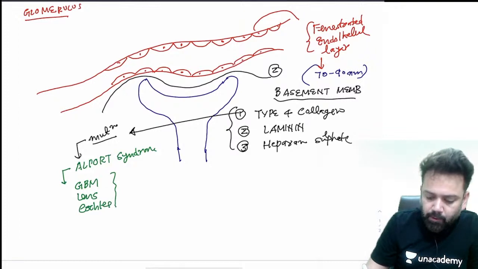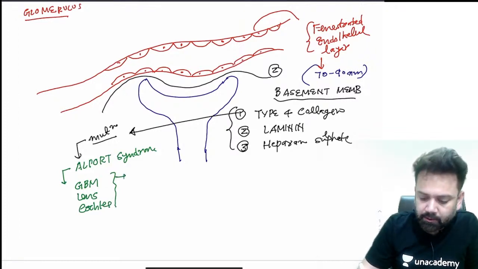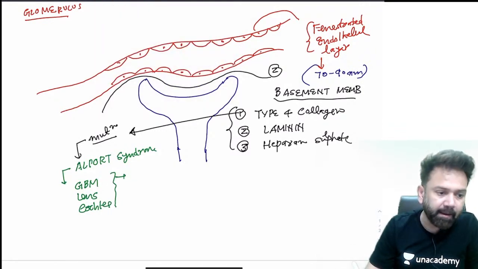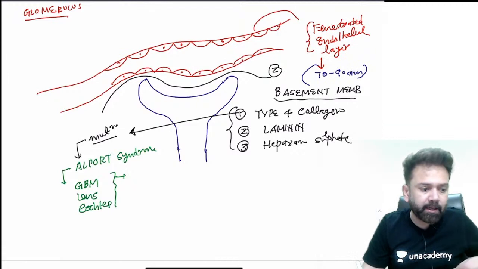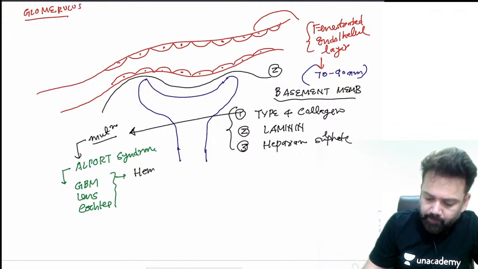Because there is mutation of this collagen, because of the GBM there might be hematuria. Patient might have what? Yes, very good. Hematuria, blood in the urine.